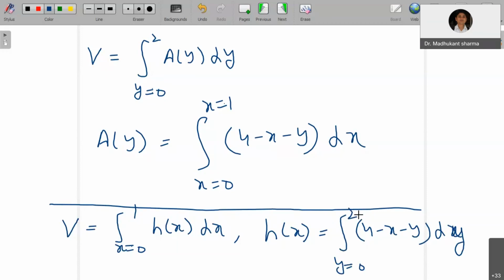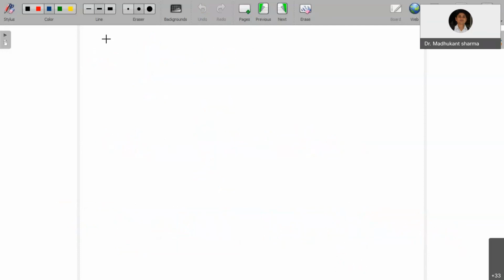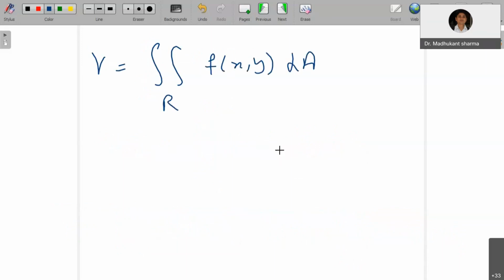Not only that, you also have a third way: volume equals the double integral over R of f of x comma y dA. Now the question is whether you integrate first with respect to x or first with respect to y. The above discussion tells you that you can move in any direction, and the value will never change.